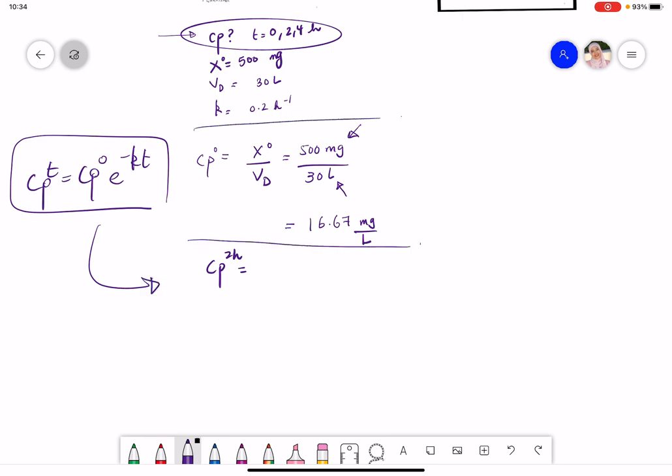Cp naught, we already had it in units of milligram per liter, multiplied by e^(-0.2), and it's in hour^-1, so the time should be in the unit of hour, which we already have in hours. And this would be equal to 11.2 milligram per liter.